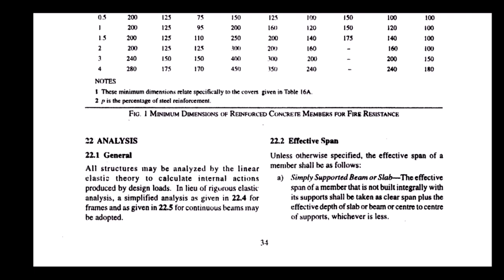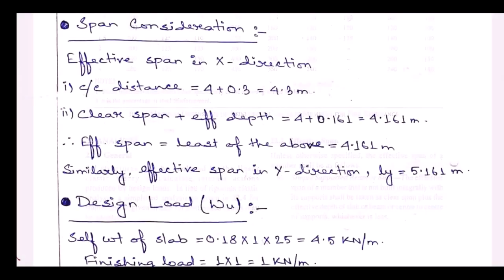Look, simply supported beam or slab, the effective span of a member that is not built integrally with its support shall be taken as clear span plus the effective depth of the slab or beam, or center to center of support, whichever is less. So, as per clause, the effective span in x direction, either center to center distance, that is equal to 4 meter, the clear span of shorter span, plus 0.3. This 0.3 meter, that means 300 mm, is the width of wall, that means width of support, which is given in question.